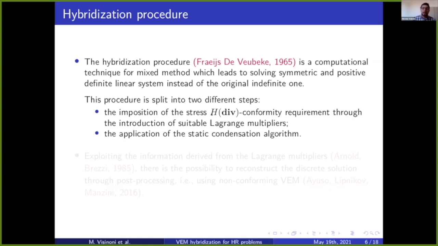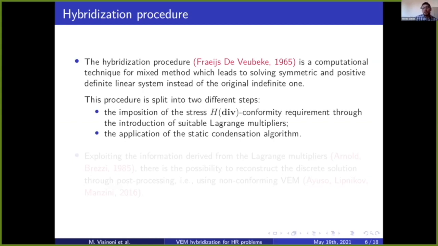In the first step, we introduce a new set of variables, the Lagrange multipliers, in order to impose the continuity constraint of the normal component of the stress. In other words, we want to impose the stress H(div) conformity of our problem through this new set of variables.